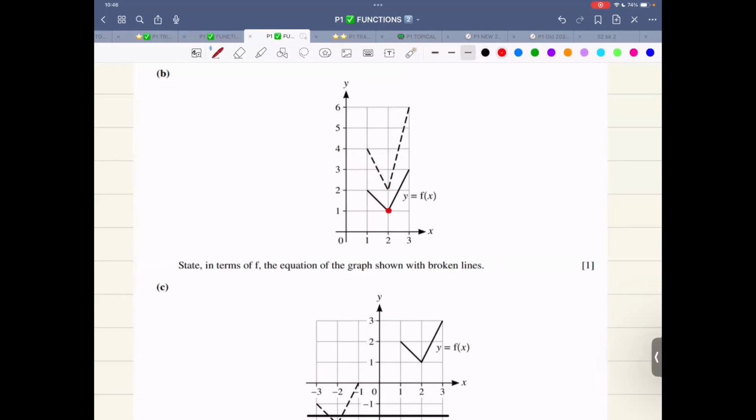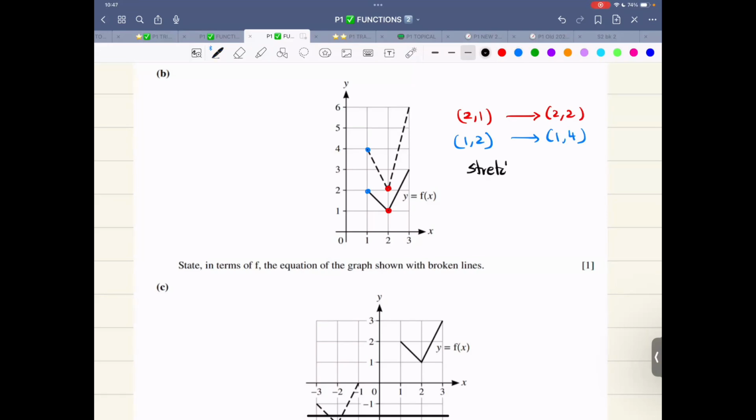So let me select this point, which is (2, 1), and it's becoming (2, 2). So (2, 1) is becoming (2, 2). Let me select this point and this point. So (1, 2) is (1, 4). I think it is very obvious by now what exactly it is.